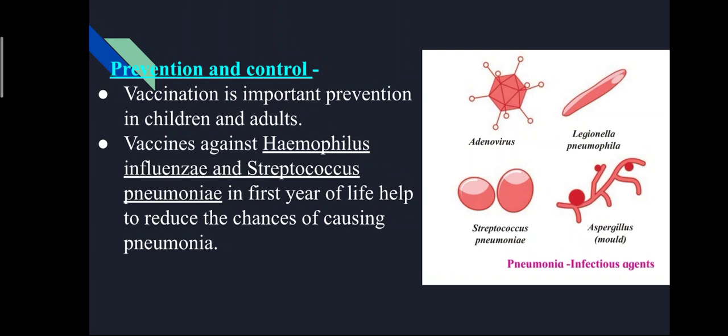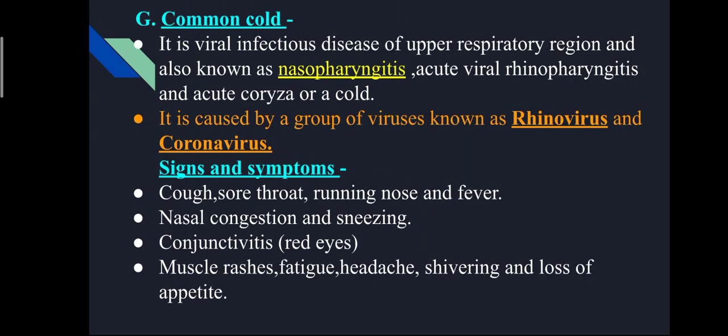The prevention and control is by vaccination. That means vaccination is important prevention in both children and adults. Vaccines against Haemophilus influenzae and Streptococcus pneumoniae in the first year of life reduce the chances of causing pneumonia.